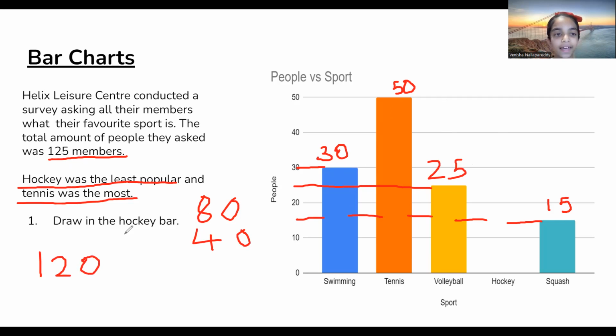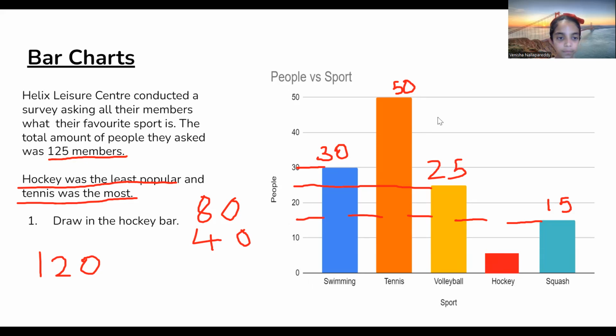Well, we don't need to do anything on our sheet for that. We can just do 125 subtract 120, that's 5. So 5 people liked hockey. And I'm just going to use a little square here and draw in the hockey. That will be in between 0 and 10 because halfway between 0 and 10 is 5.